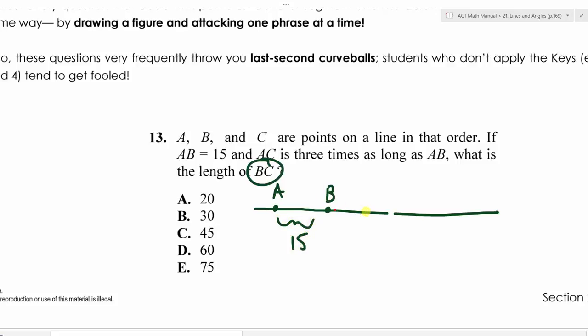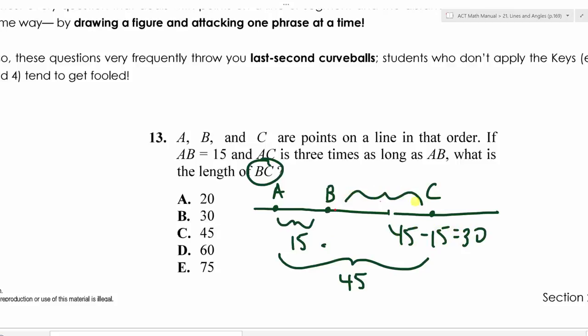And then they tell us that AC is 3 times as long as that. So AC needs to be about 3 times as long as that. So that is 45. Now, they want BC, which means we just have to do 45 minus 15, which equals 30, and that is BC.